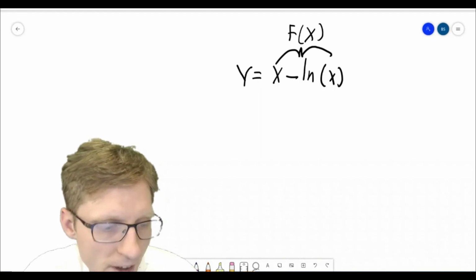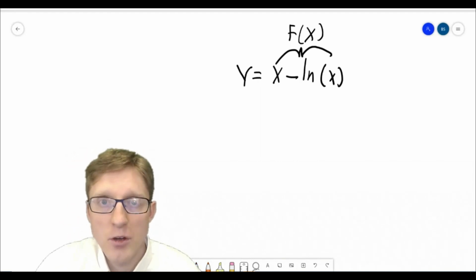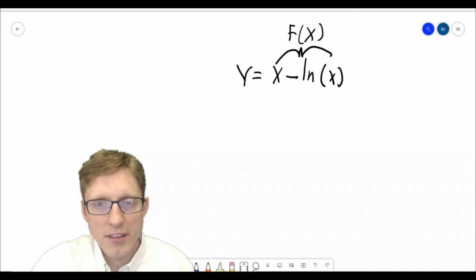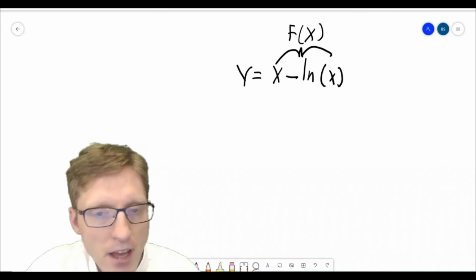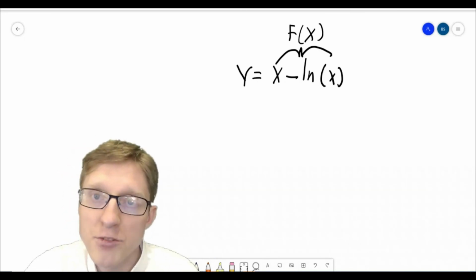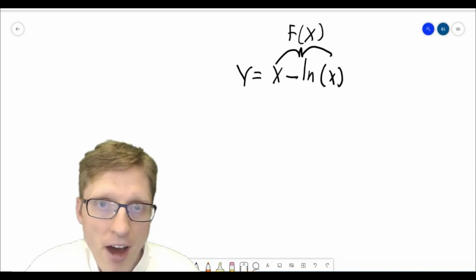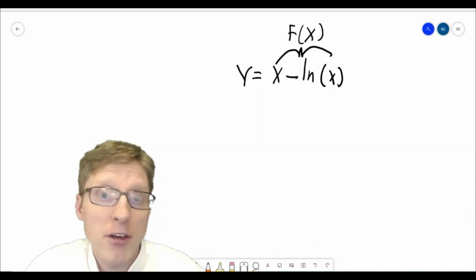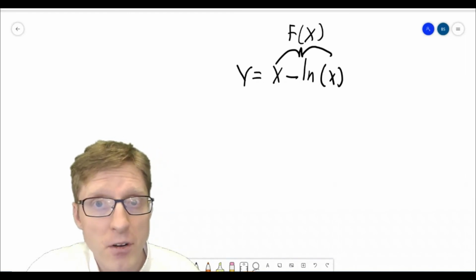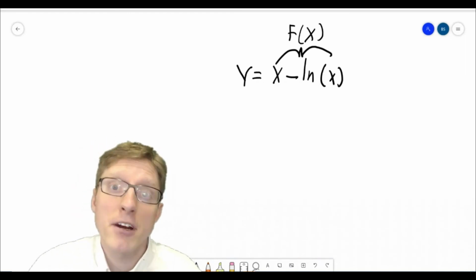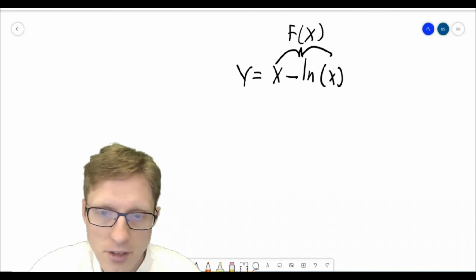Okay, so we're going to find the value of x which minimizes this function, which minimizes y. And the way we're going to do that is we're first going to take the derivative of this function, find the value of x which sets the derivative equal to 0, and that's going to be our candidate solution. So let's take the derivative.